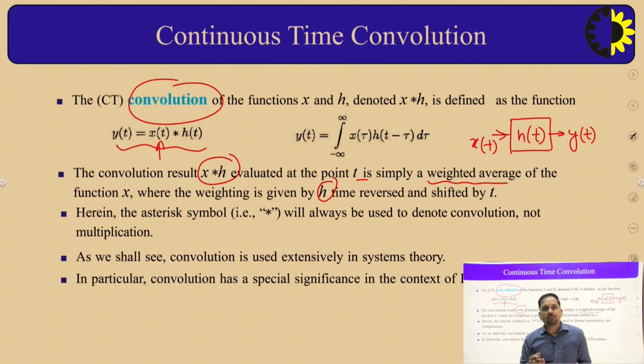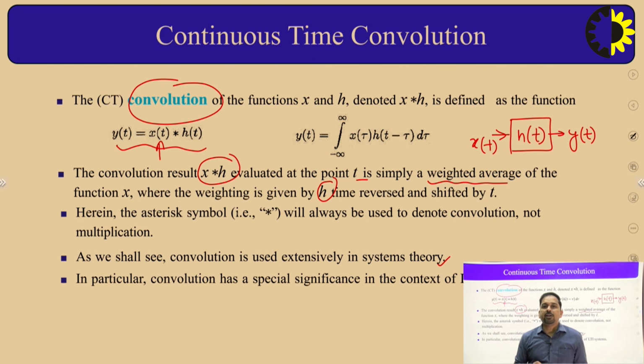Multiplication is a part of convolution, but we cannot say convolution is exactly a kind of multiplication. Convolution is used extensively in system theory, and in particular it has a special significance for LTI systems.